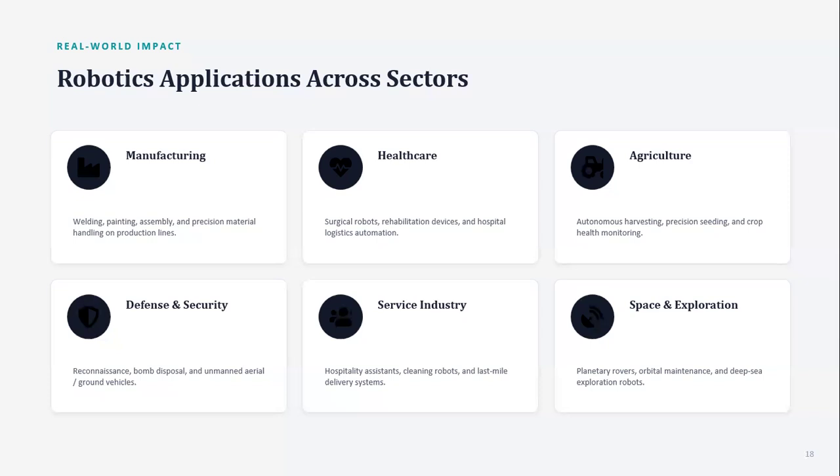In the case of healthcare, they employ robots for performing surgery and patient rehabilitation. Agriculture benefits from autonomous harvesting and crop monitoring. Defense heavily relies on robots for hazardous operations. Service industries use robots for cleaning, hospitality, and delivery. Space agencies employ robots for planetary exploration and satellite maintenance. So the possibilities continue to expand every year.